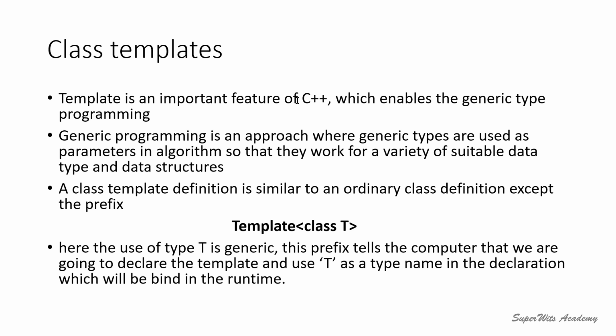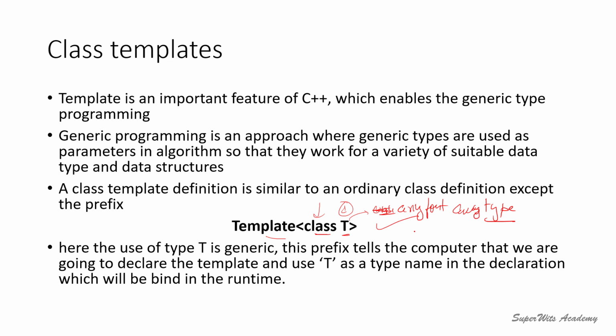The class template definition, if we look at the syntax, is similar: we use the template keyword, and within the angular braces we have the class keyword, and then a particular type to be defined. Now this T could be anything. Last time, if you remember, we have written it as any form or any type, right?